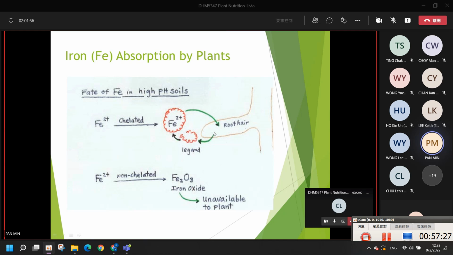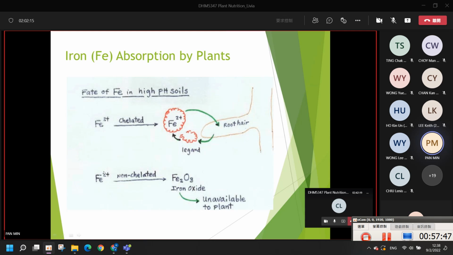Then the root hair can release the ligand part, the EDDHA part, and the available iron can be absorbed by the root.